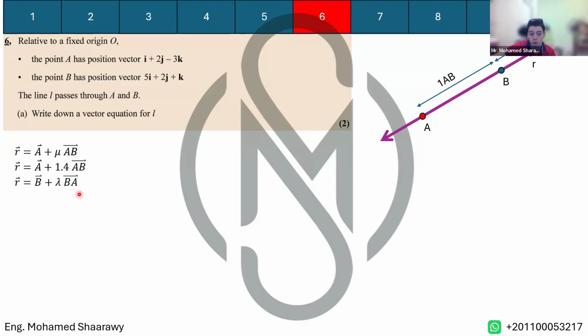Why is this true also for B plus lambda BA? Actually, because the constant multiple will adjust itself to be true. So for example, starting from B in this equation, if I move 1 BA, I'll go to A. But I don't want to get to A, I want to get to R. So starting from B, how can I get from B to R?